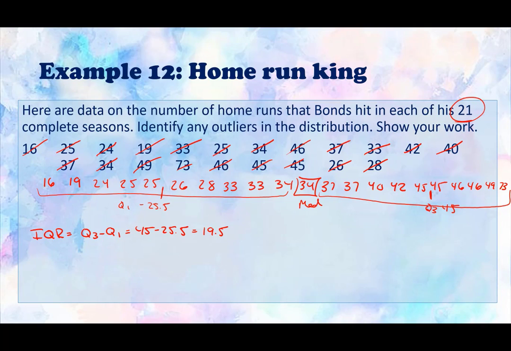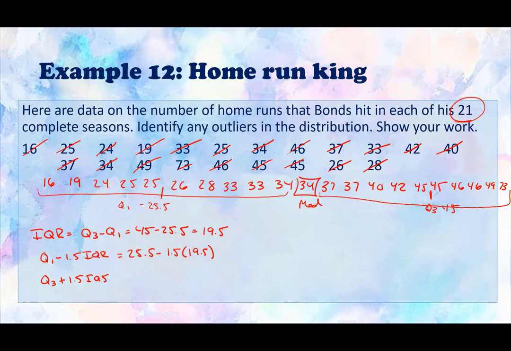Now, we need to see if there's any outliers here. In order to do that, we need to do Q1 minus 1.5 times the interquartile range. That's the name of the rule. And we need to do Q3 plus 1.5 times the IQR. So we have quartile 1, which is 25.5, and we are going to subtract 1.5 times the IQR, which is 19.5.